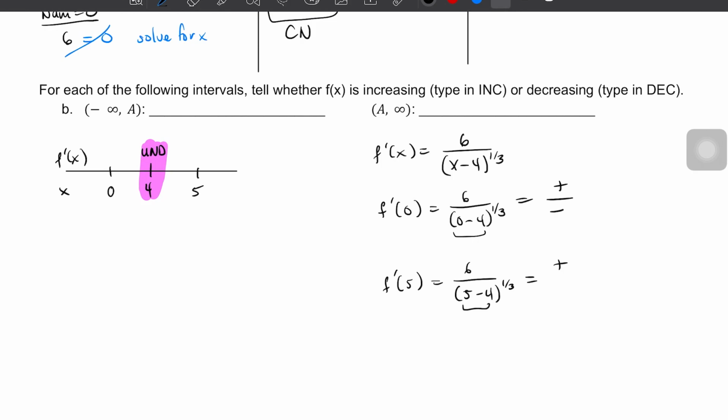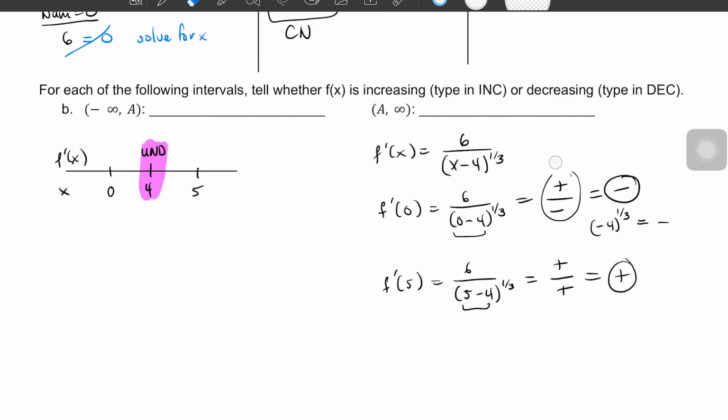This is going to be equal to 1. 1 to the 1/3 is going to be positive. And you can try that, right? You can plug in negative 4 to the 1/3 power in your calculator, and that's going to give you a negative number. All right, so positive over negative implies negative. Positive over positive implies positive.